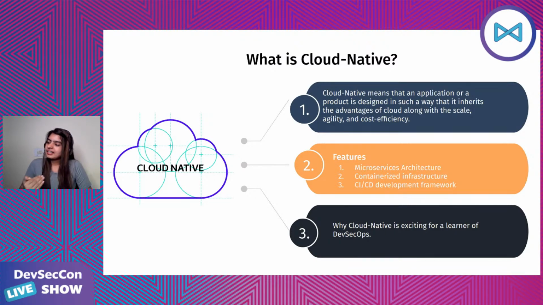So, the next is why cloud native is exciting for a learner of DevSecOps. Firstly, it implements development, operation, and security practices in a way that fully integrates with cloud capabilities, and a cloud native implementation uses and secures scalable dynamic components.